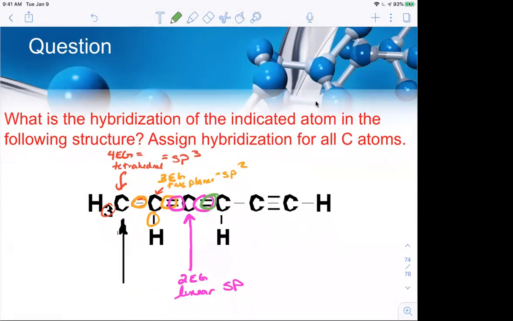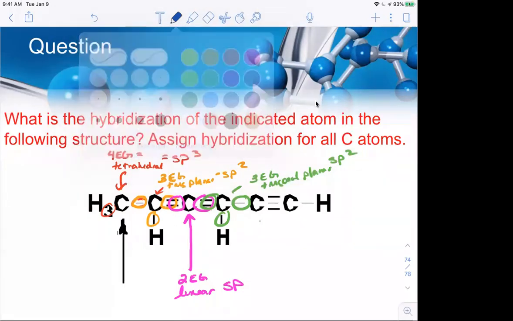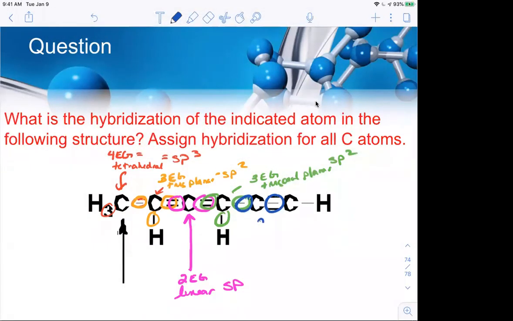Here, I have 3 electron groups. Trigonal planar, which is going to be sp2. Here I have 2 electron groups, which is linear, which is going to be sp. And then here I have 2 electron groups, also linear, which is also sp.